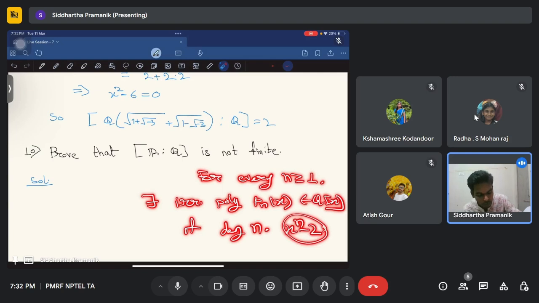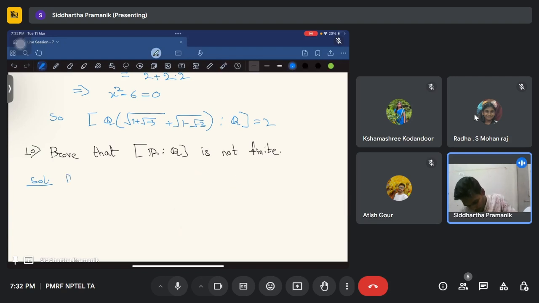So it is a polynomial of degree n in Q[x] which is irreducible. So recall that x to the power n minus 2 belongs to Q[x] is an irreducible polynomial of degree n. And what is the root of this polynomial? It is the nth root of 2, right?